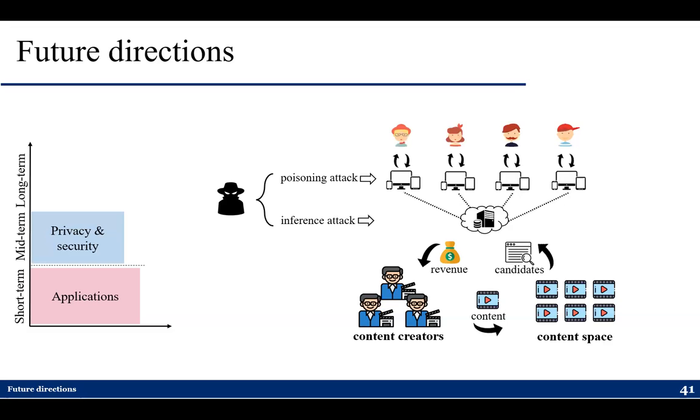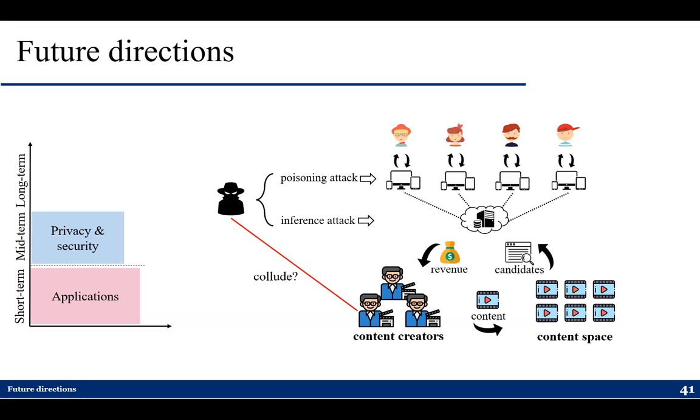Another related direction of my research is enhancing the privacy and security issues. Compared with the standard privacy and security for supervised machine learning or federated learning, as we saw just now, we have a much more complicated ecosystem here.